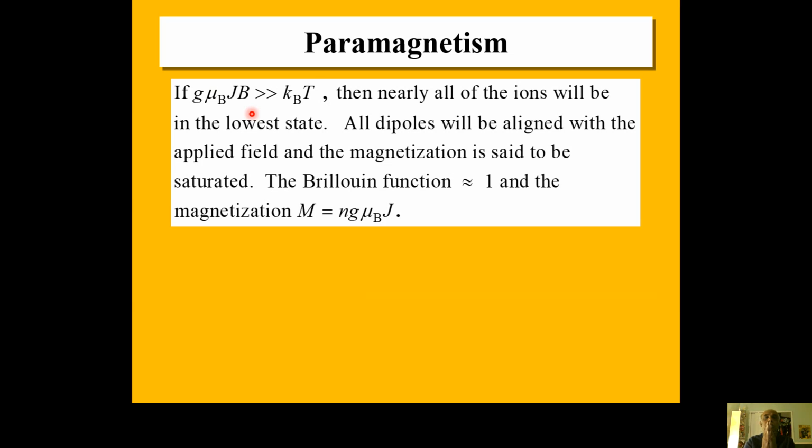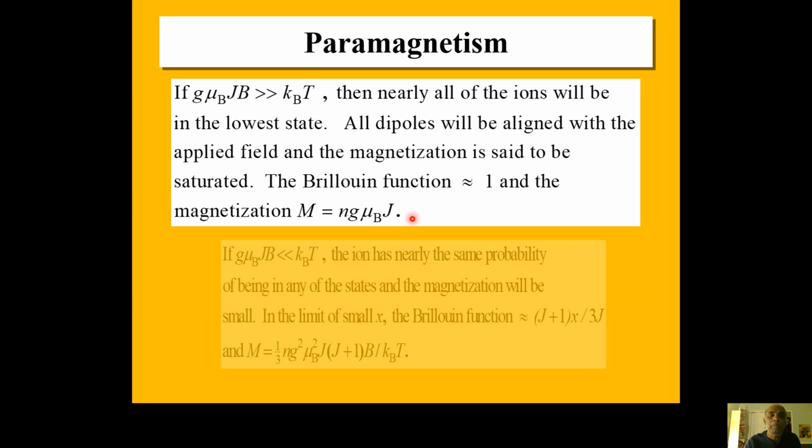That brings all the electrons to the lower state. So in that region, x is very large, the Brillouin function reaches 1, and your magnetization is given by N g mu B times J. That is true for low temperatures and very high magnetic fields.